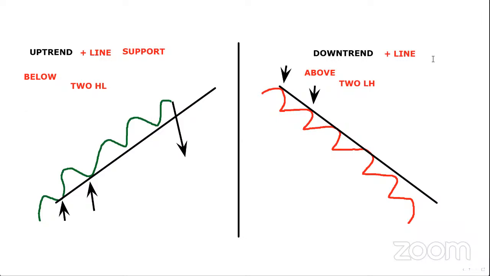The resistance level, sorry, the downtrend line is resistance. So an uptrend line has the support nature. The downtrend line has the nature of a resistance level.